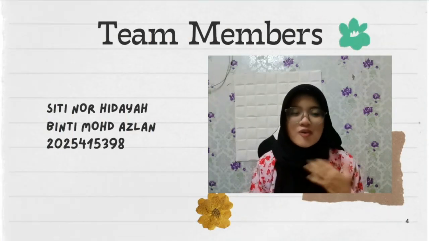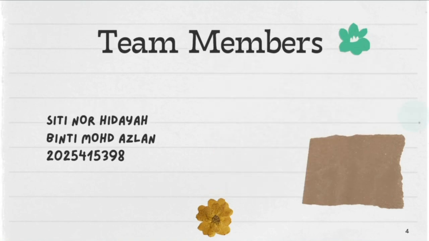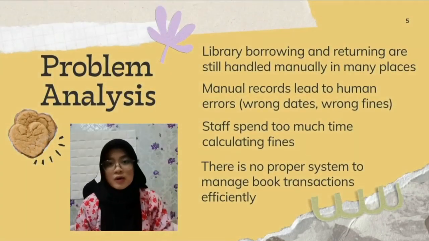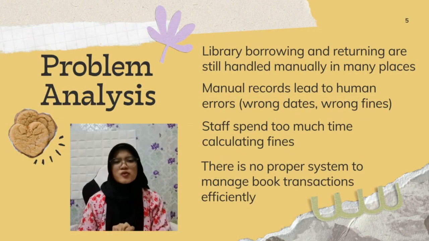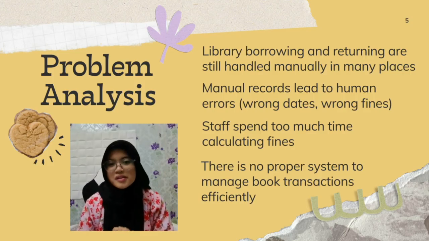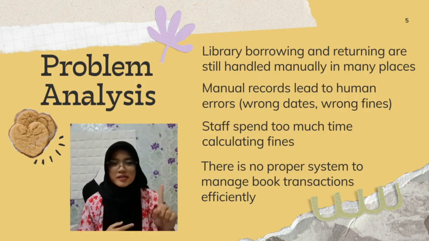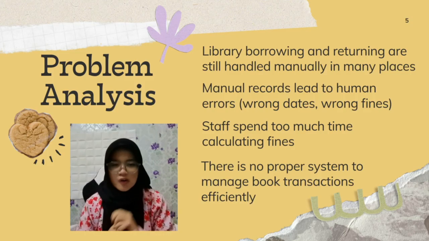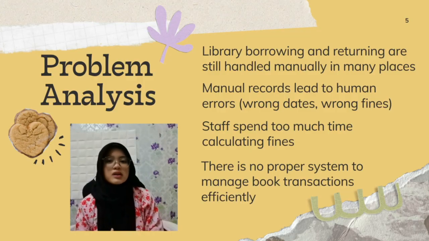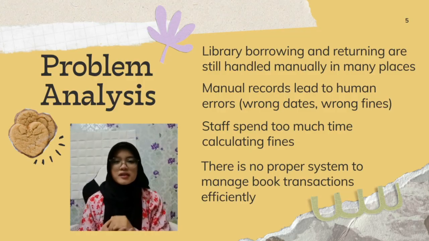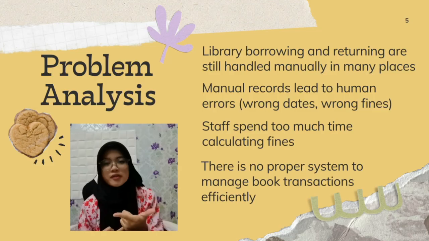Now let's move on with our problem analysis. In our problem analysis, we identify several issues faced by libraries that still use manual system. First, borrowing and return records are written manually, which often leads to human error, such as incorrect dates or wrong fine amounts.